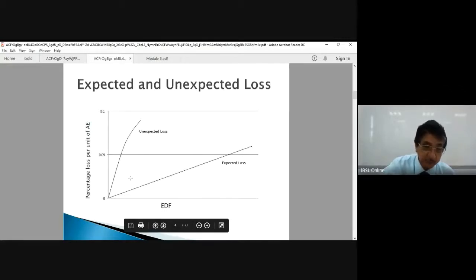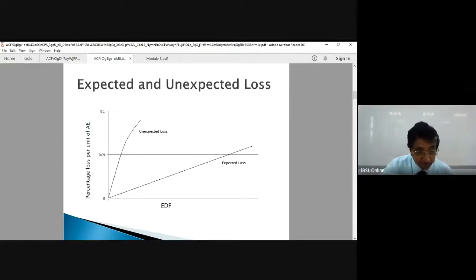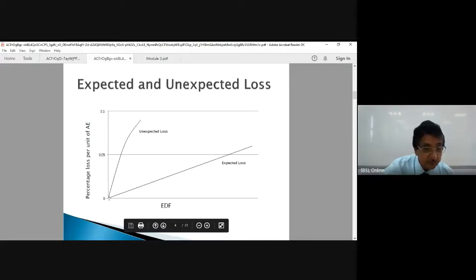But when you go into unexpected loss, it has an exponential increase. Now you can see EDF just has a higher figure. So a small change of EDF happens, and there will be a very high change of unexpected loss. Now you can just look at this graph and see. I am at 0 now. The cross comes to 0.